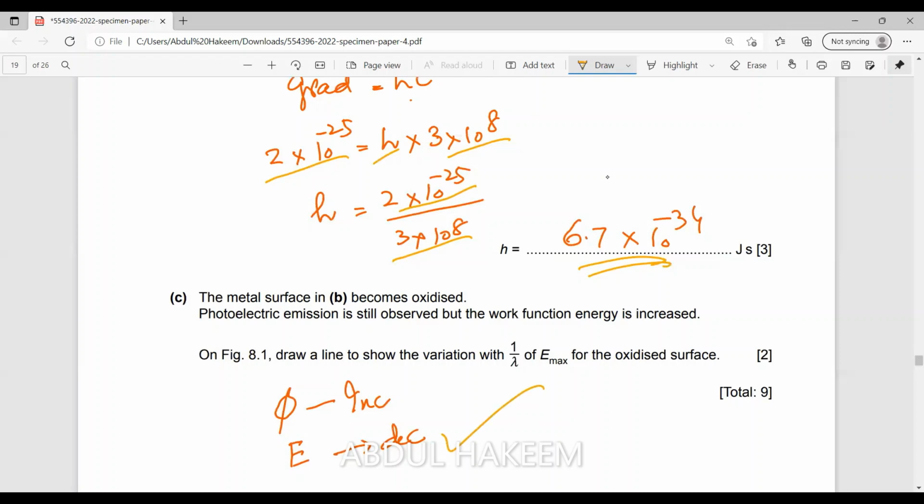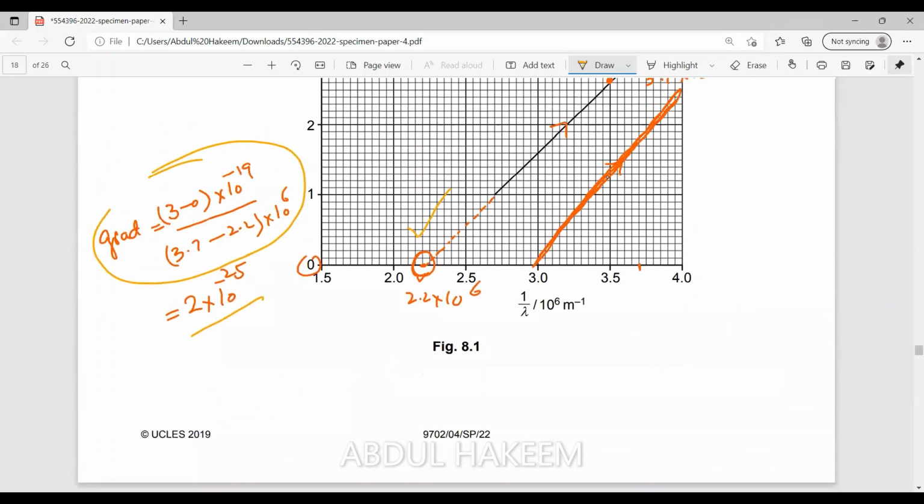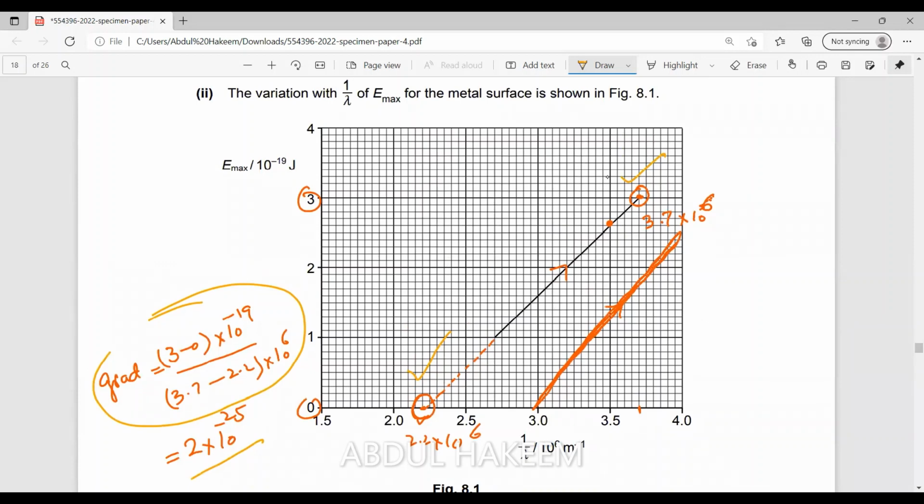So energy decreases. The question is to draw a line to show this variation. So when energy decreases, we have to draw a parallel line, but with less energy. Below the first line, we have to draw another line. So this one.